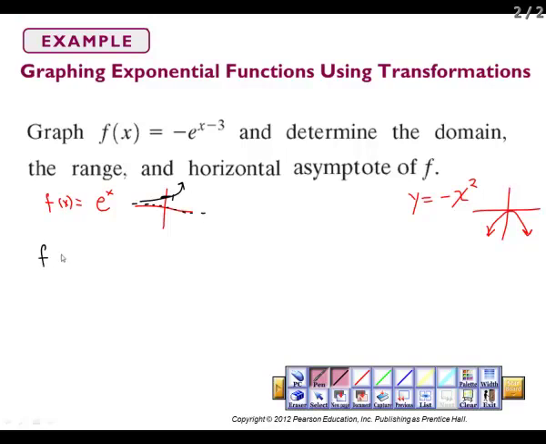Well, when we have f of x equals negative e to the x power, that's going to flip about the x-axis. So now instead of intersecting here at 0, 1, now it's going to intersect at 0, negative 1.